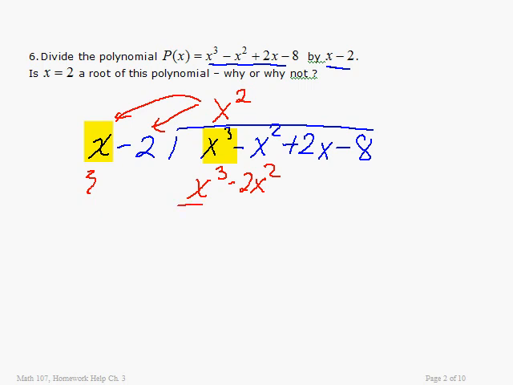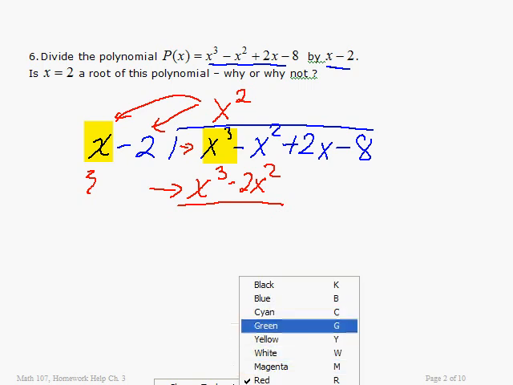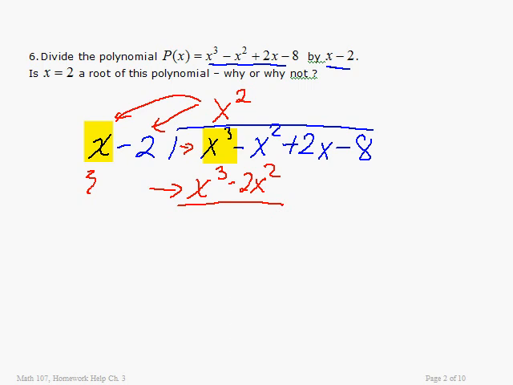Now here's the real tricky part. You subtract this line from this line. Doesn't seem too bad right here. X cubed minus x cubed gives me 0. That was the whole plan. But here, remember the signs. It's minus x squared minus a negative 2x squared. So in a sense, this becomes positive.